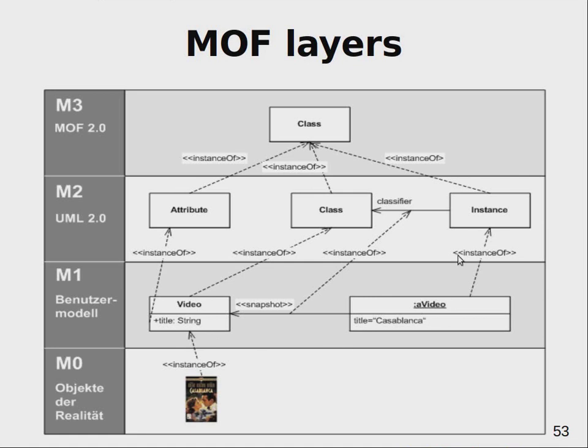So here this instance of an object is very important, because here you talk about an object, but in reality it is an instance of a class. And here when I say there is some kind of object with title Casablanca, it is an instance of a class. And you create a static structure diagram or class diagram of your different kinds of models.